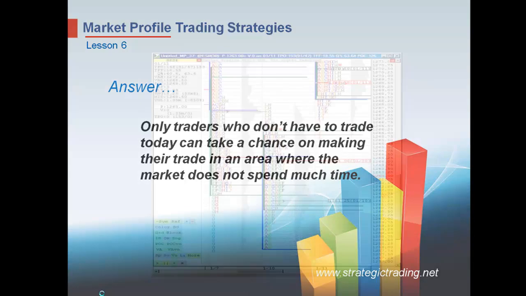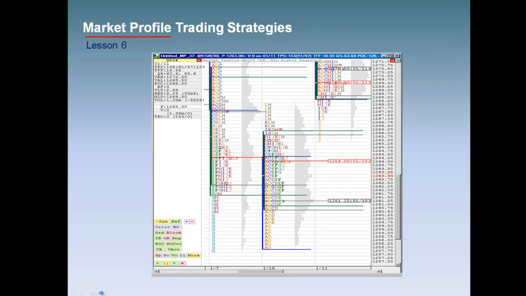All right, let's take a look at these three profiles for three consecutive days, and let's see if we can in fact identify the behavior of the long-term or the longer-term trader on these profiles.